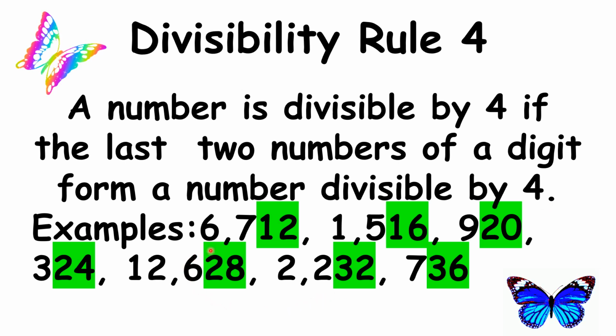Examples: 6,712, 1,516, 920, 324, 12,628, 2,232, and 736. All these numbers are divisible by 4 because the last two digits are all multiples of 4.